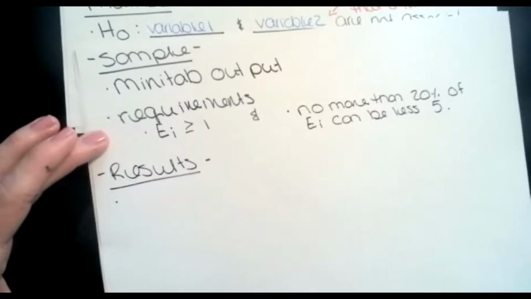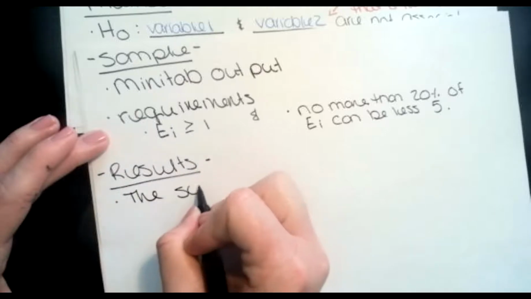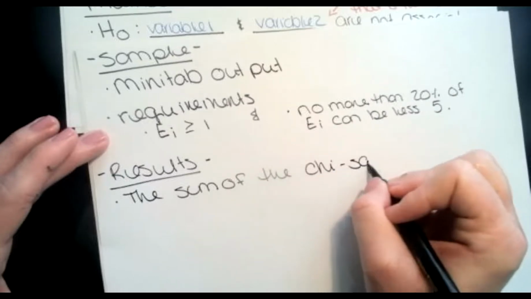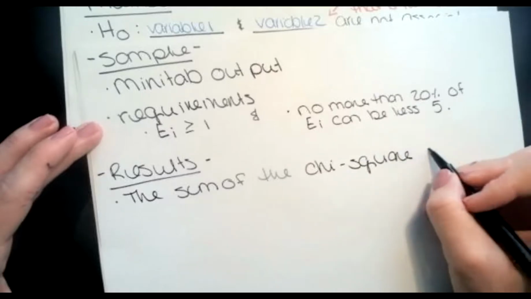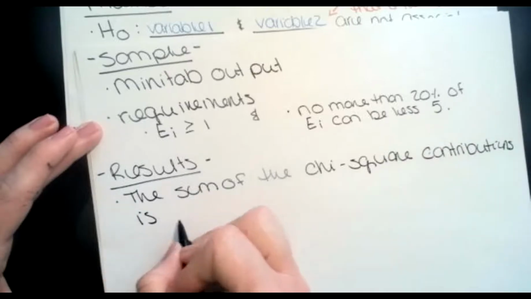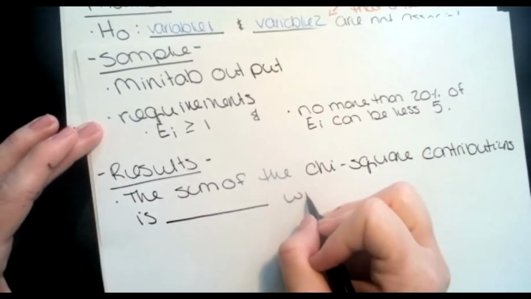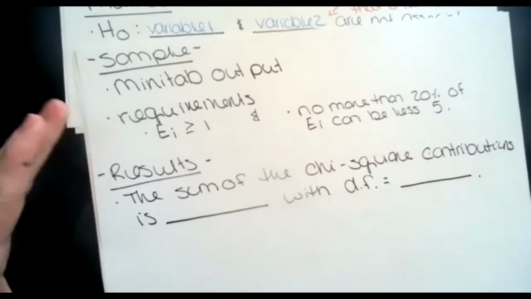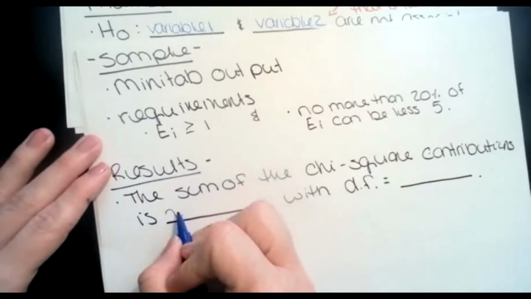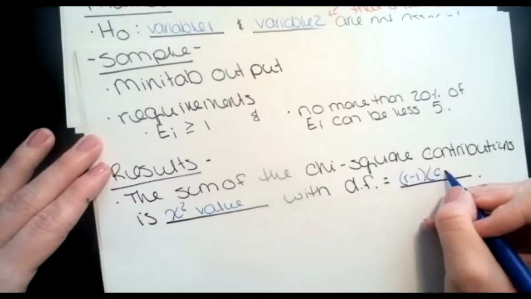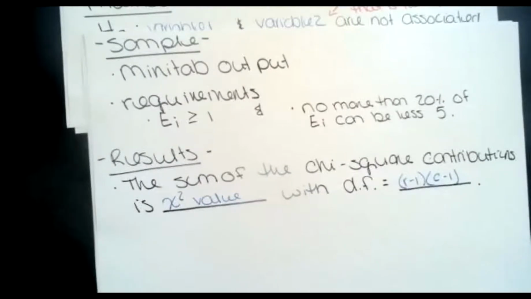If you want, you can identify chi-square and degrees of freedom, or you could just jump right in and say the sum of the chi-square contributions is whatever that value is with degrees of freedom equal to the value that's in Minitab. Remember, this is R minus 1 times C minus 1, but you don't need to calculate it. You will be given that.